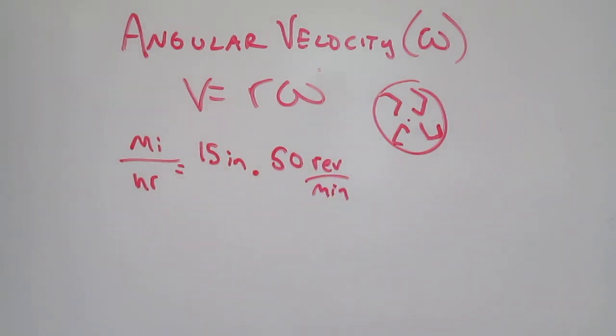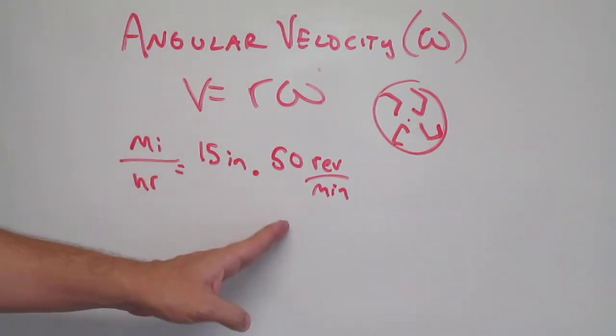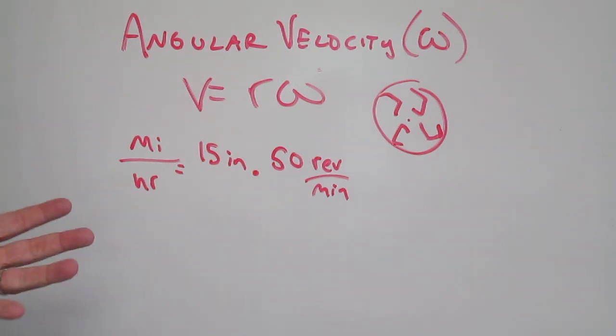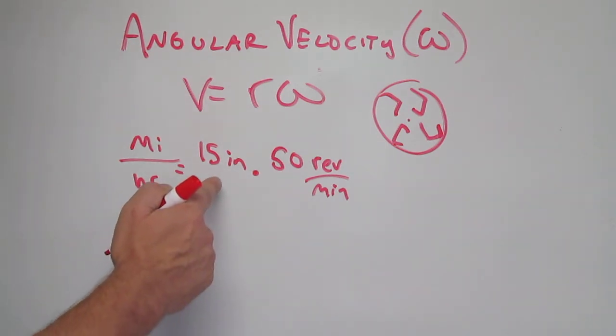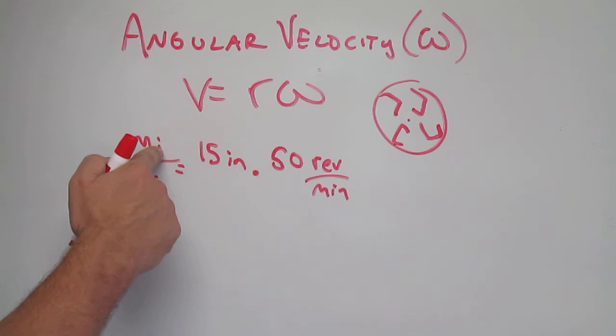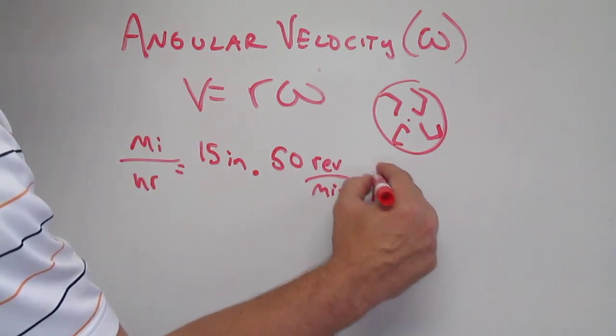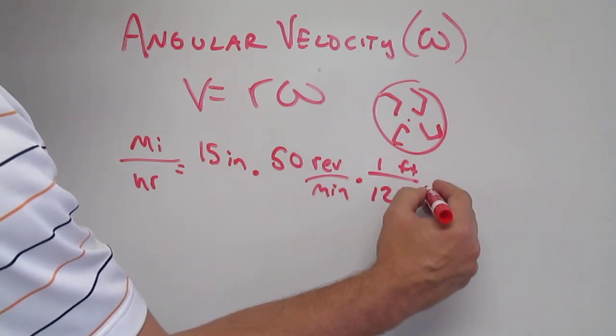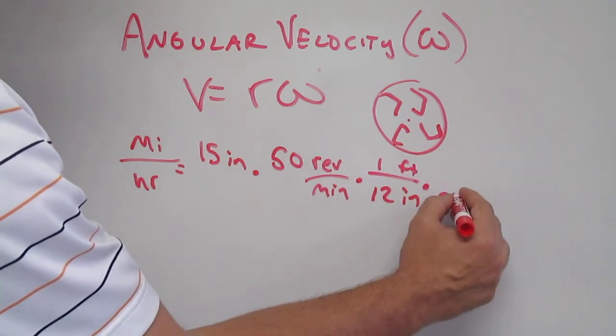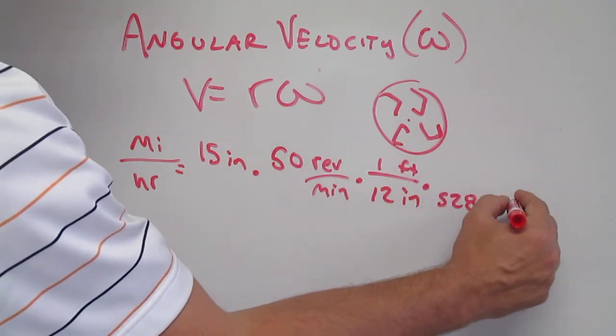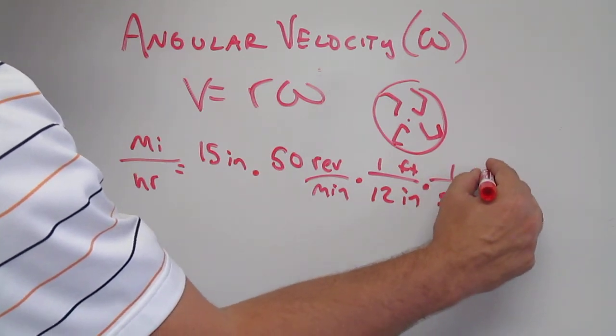You guys should know from your algebra that doing unit conversions, you have to have the right things on the left with the right things on the right. So if some things are going to cancel, other things are going to be put in. If I want to change inches into miles, I could just go ahead and say 12 inches is 1 foot, and 5,280 feet is 1 mile.